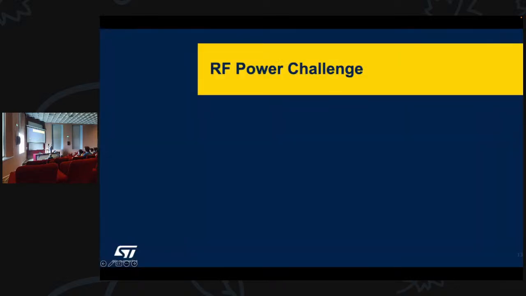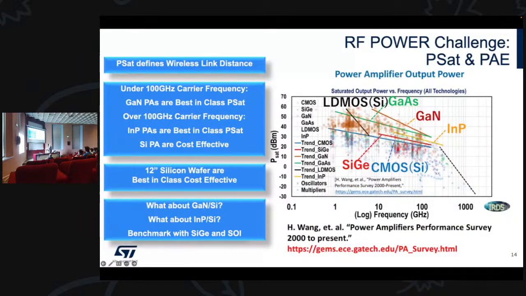So now going to the RF power challenges. Coming back to this graph, you can see the different materials. The silicon LDMOS, the silicon CMOS, the silicon germanium HBT, the GaAs pHEMT or HBT, the GaN HEMT, and the InP HBT or HEMT.